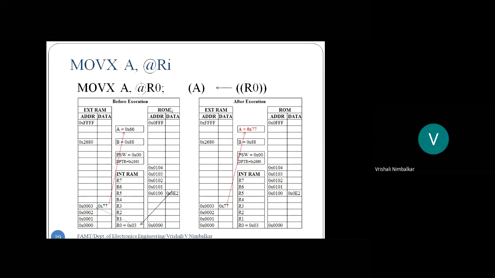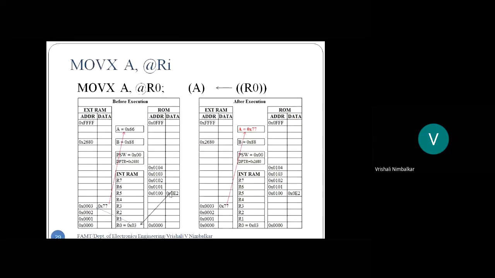And before execution, that is ROM. Right? So ROM is the internal ROM, address column, data column, 000 to 03F. So we are writing the instruction in program memory, ROM, and the instruction is E2 hex. Okay, what is that instruction? MOVX A, @R0.